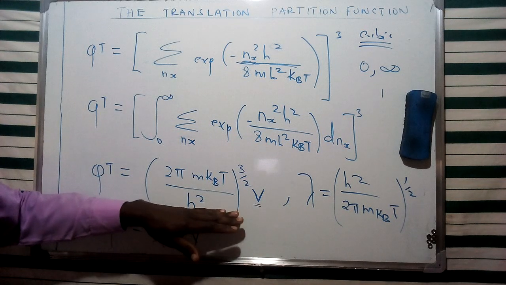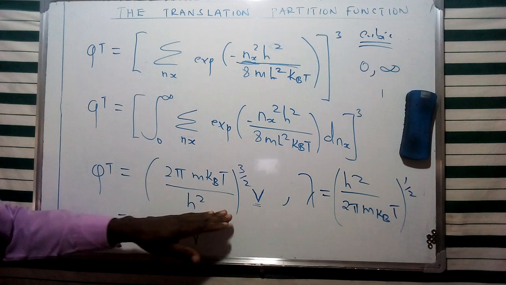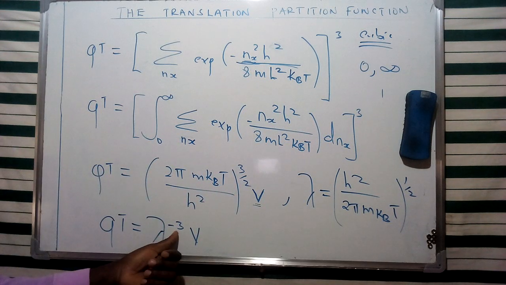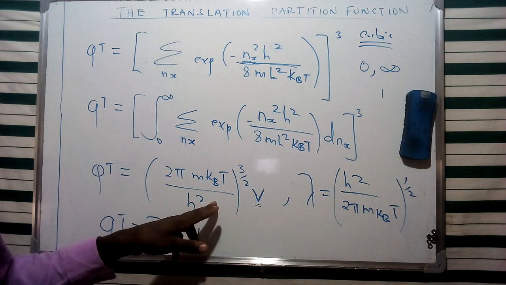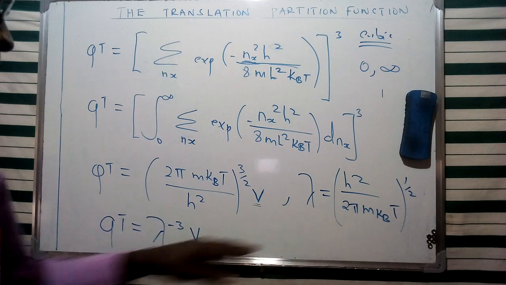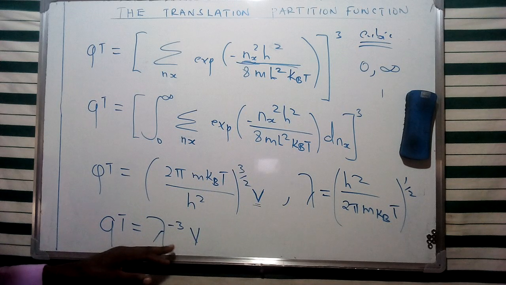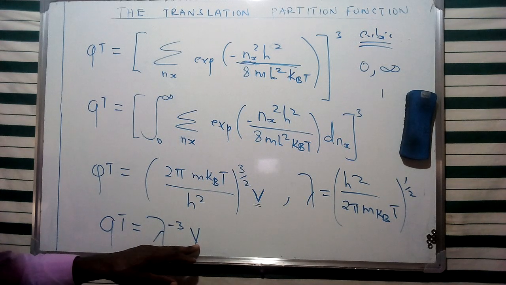But since these values have been given in terms of a reciprocal, this is going to be a negative value. Therefore, we obtain the de Broglie wavelength to the exponent of negative 3, or 1 over lambda to the power 3, times the volume.